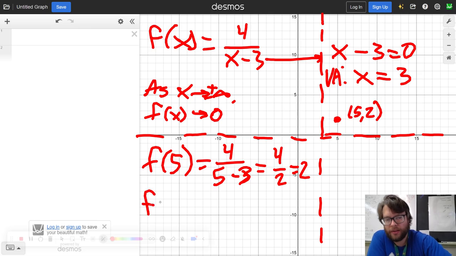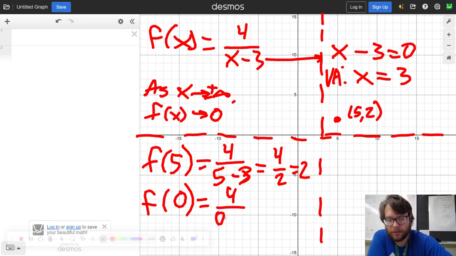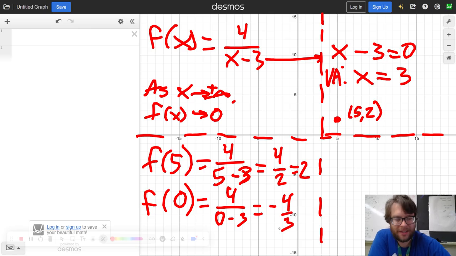If I went on the other side of 3 and plugged in 0, I'd get 4 over 0 minus 3. That's negative 4/3, like negative 1 1/3. So that's a point right there.